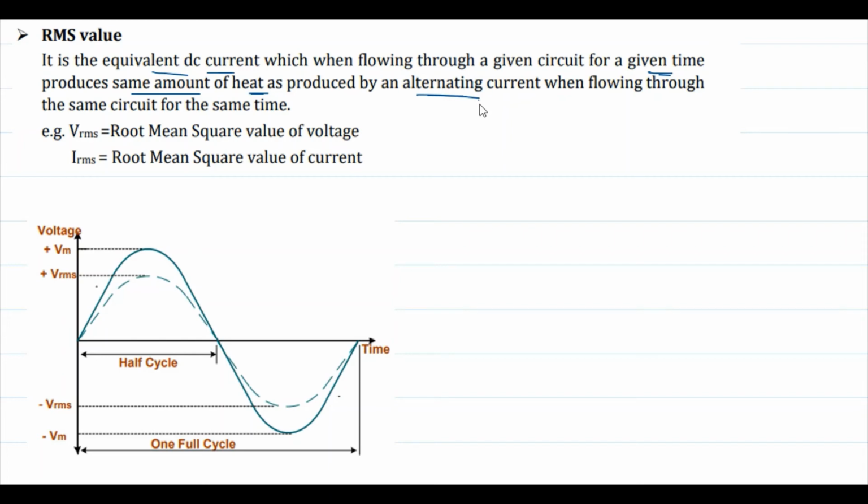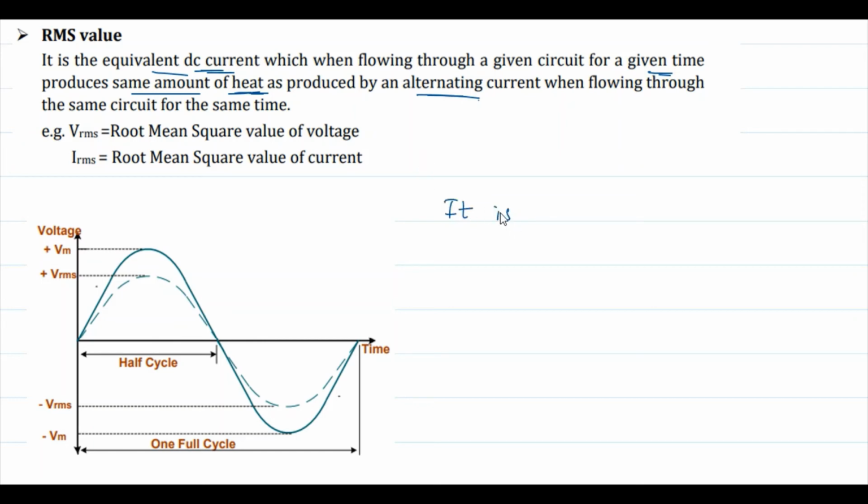Means RMS value of an AC quantity, whether it is current or voltage, is the one which produces a heat similar to the DC current at a given time.